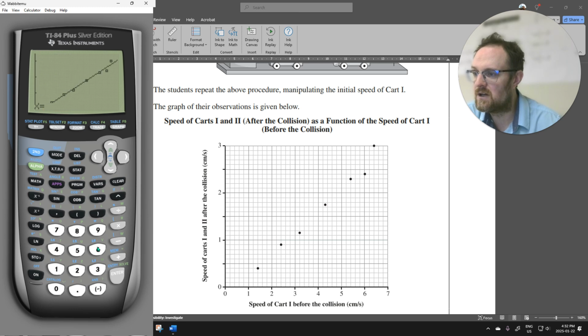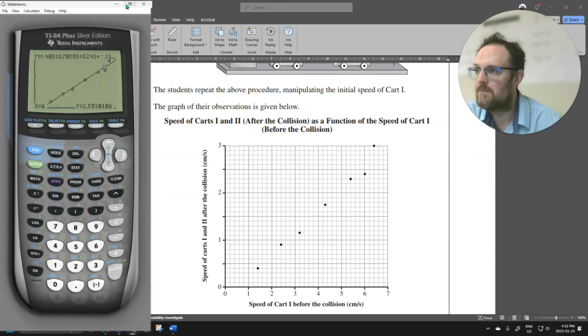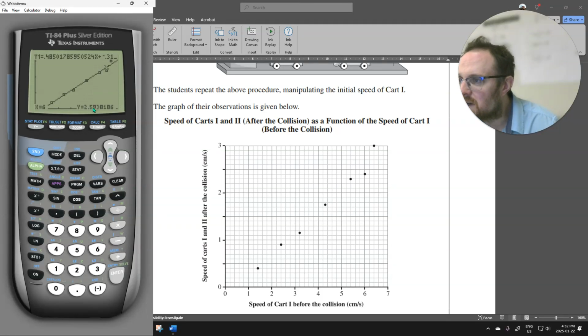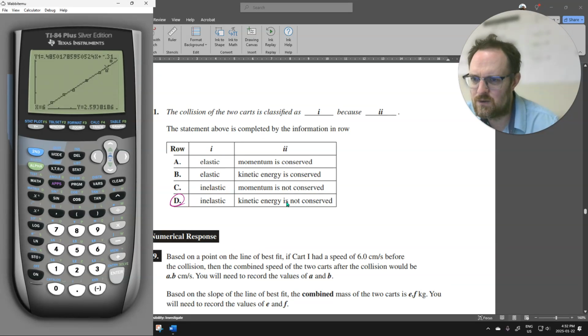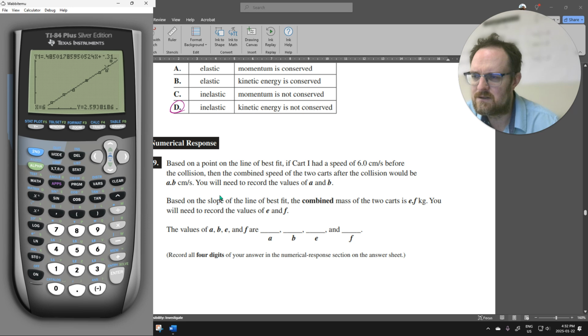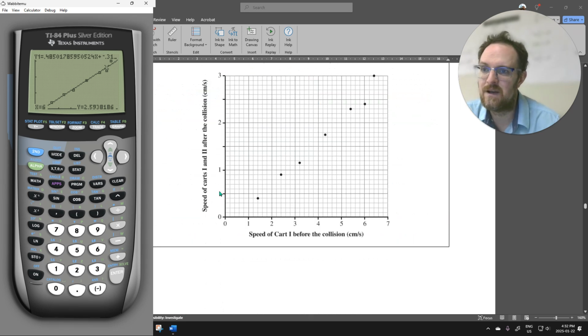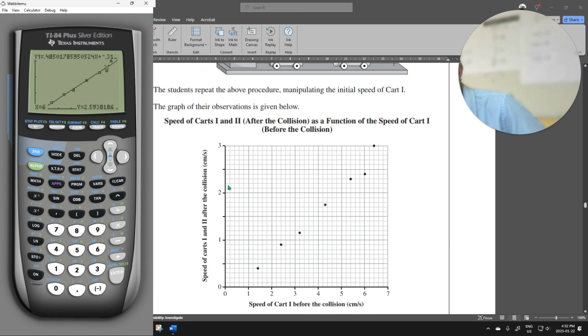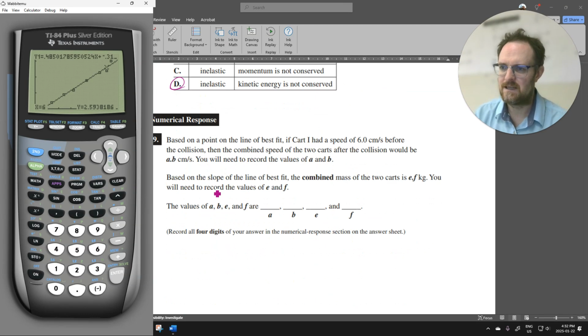Just make sure you're not on the dots, because if you're on the dot, you're going to get the wrong answer. Here it's actually 2.59. You only want 2 sig digs, so 2.6 would be our answer for that one.